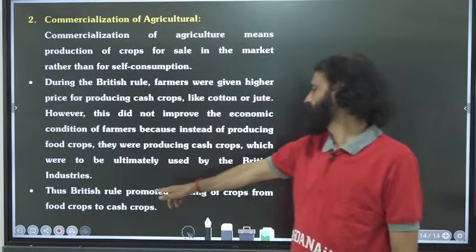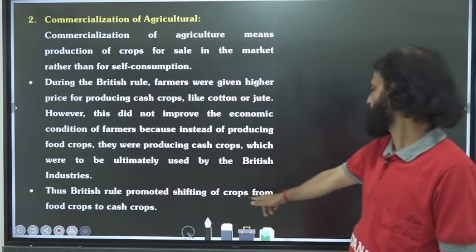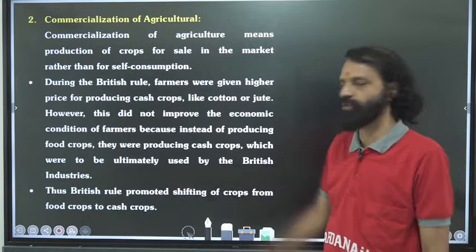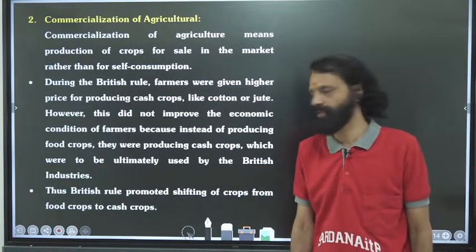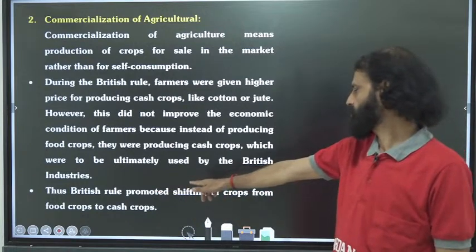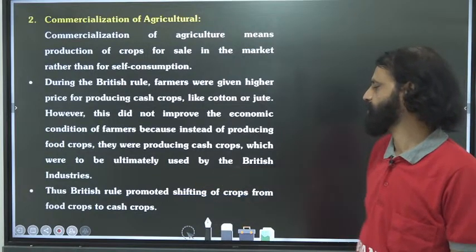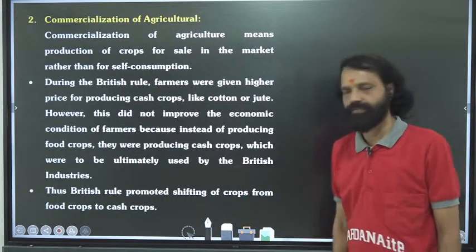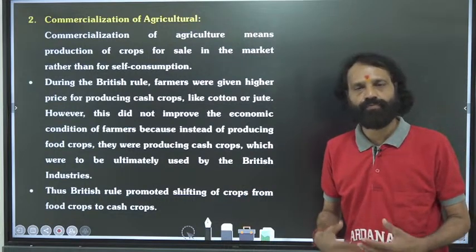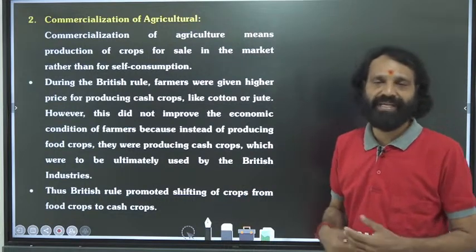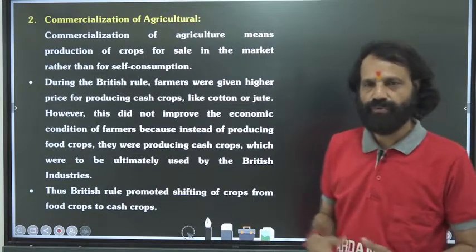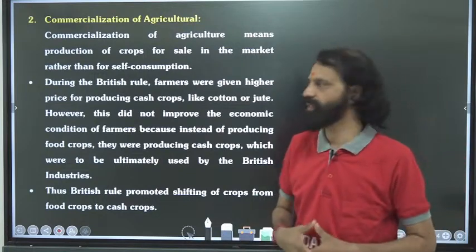British rule promoted shifting of crops from food crops to cash crops. This point you need to remember. Britishers forced people to produce more cash crops rather than food crops.